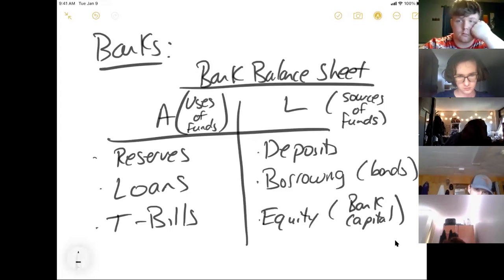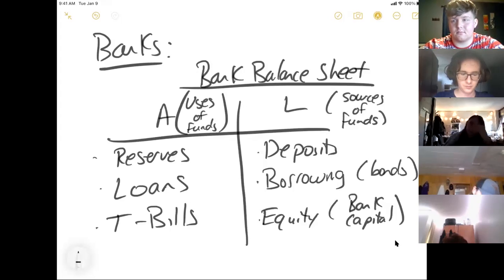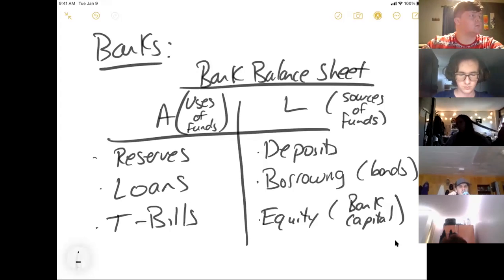And of course, they want the things on the left-hand side of this to earn a higher return than things cost them on the right-hand side, right? So if the cost of their liabilities is less than the return they get from their assets, they make money, okay? That's basically how banks work in a nutshell.